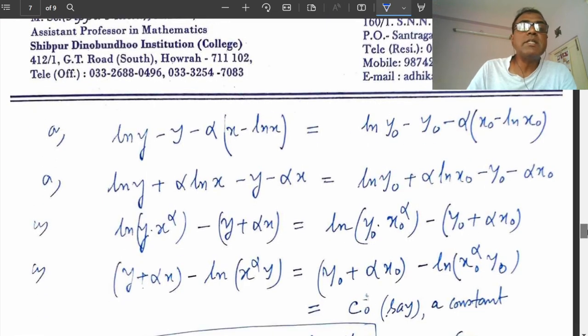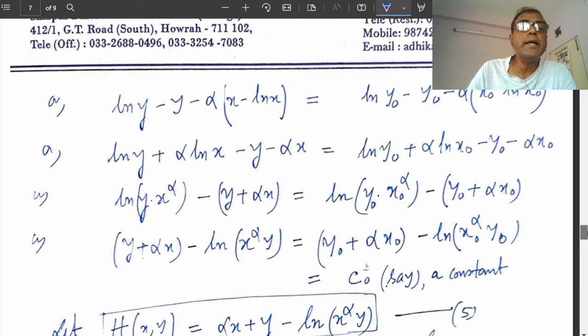And after simplification, you get ln y plus α ln x, and the right hand side is all in terms of the initial conditions x0, y0. So the right hand side is fixed and the variables are x and y, with α a parameter.